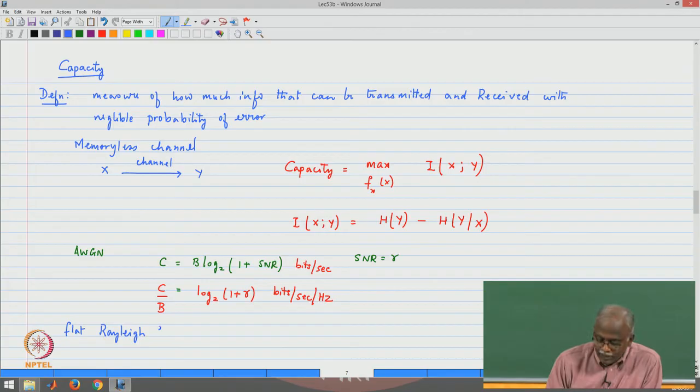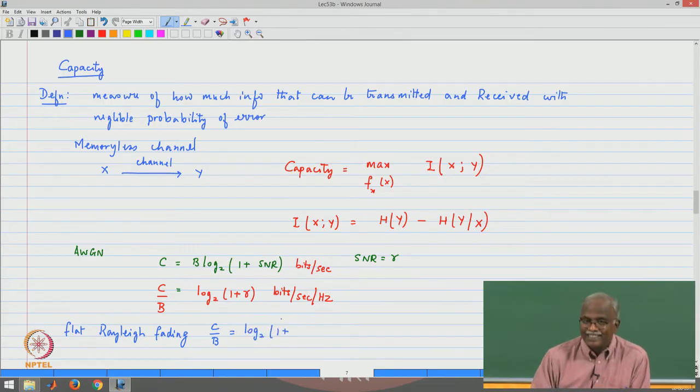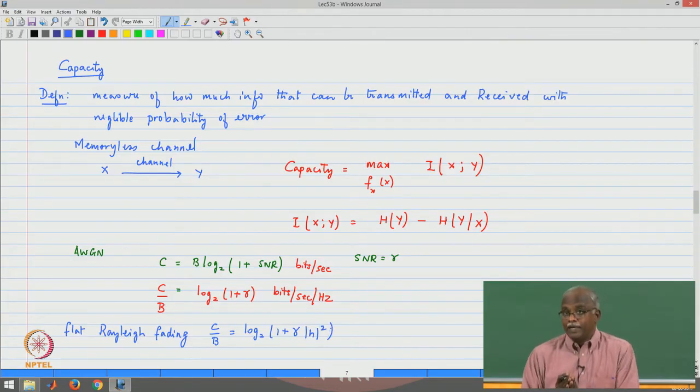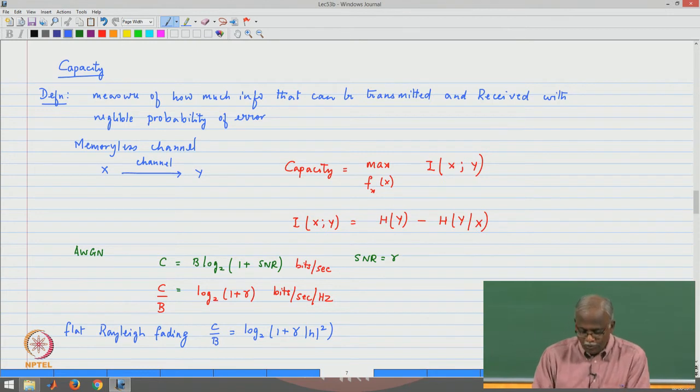So, if the instantaneous value of the channel is given by h, then the capacity C by B is given by logarithm base 2 of 1 plus the instantaneous SNR, and the instantaneous SNR is the average SNR multiplied by the Rayleigh coefficient magnitude squared.